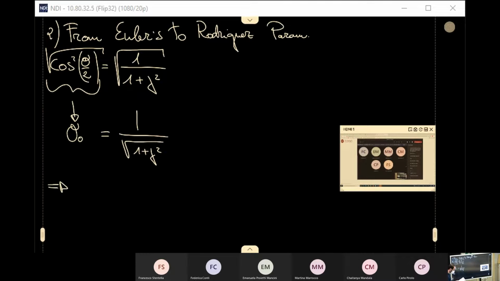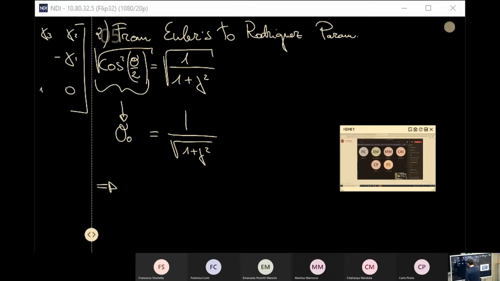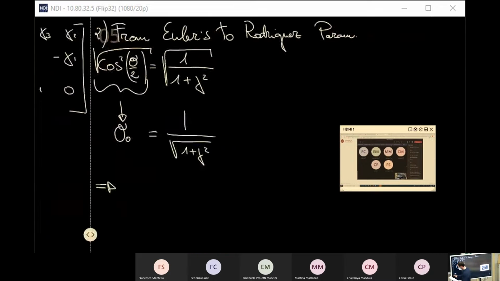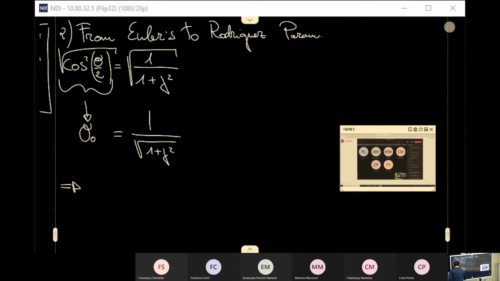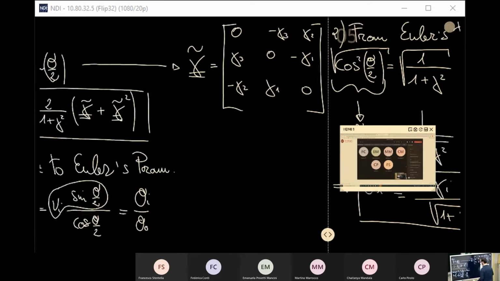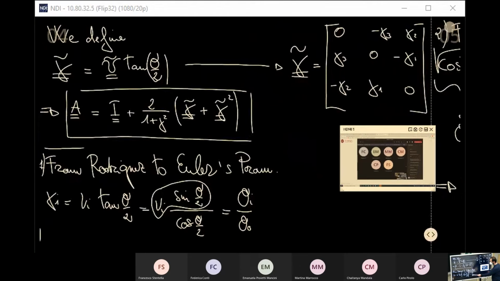So, resorting to what we have demonstrated just in the previous page, we have that theta I is equal to gamma I divided by the square root of 1 plus gamma squared. This comes from here, it's just the converse.